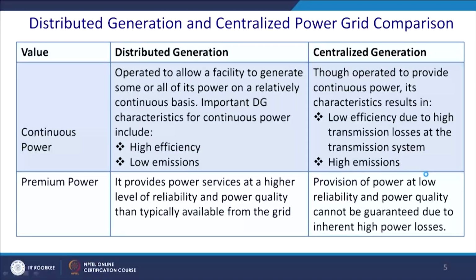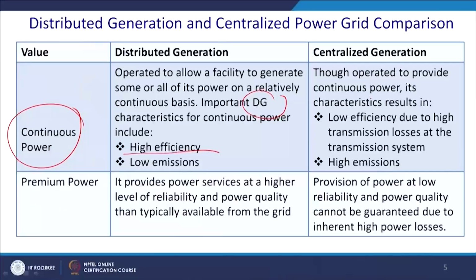So, distributed generation and centralized generation, let us put it in perspective. The value is that we require continuous power, continuous quality power, mind it. Distributed generation allows the facility to generate some or all of its power on a relatively continuous basis.